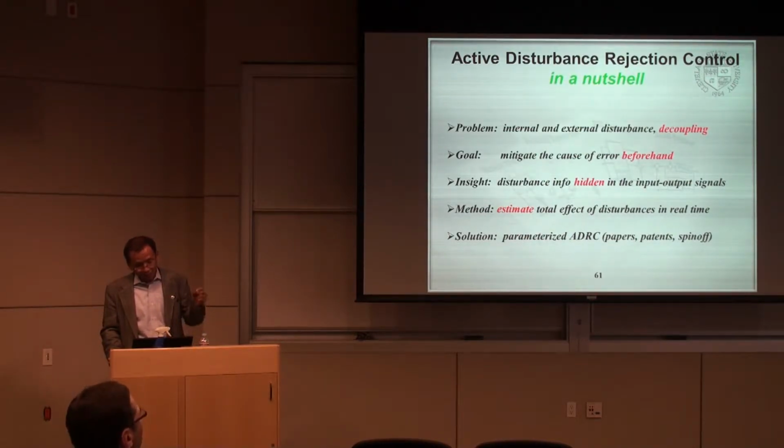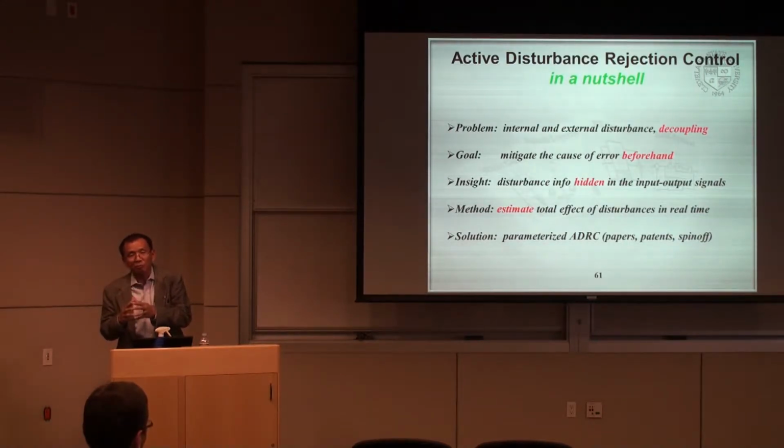And the solution we propose is parameterized ADRC. Now, remember ADRC was a success in 1997. But it was so hard to use. It took my PhD student a couple years to make it work. Obviously, that's not an industrial solution yet. To go from there to an industrial solution, you must make it easy to use, easy to tune, simple to implement.